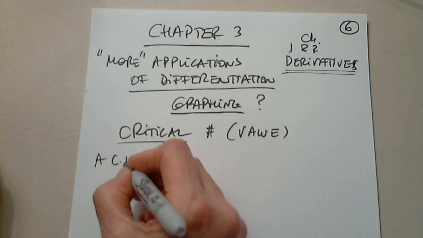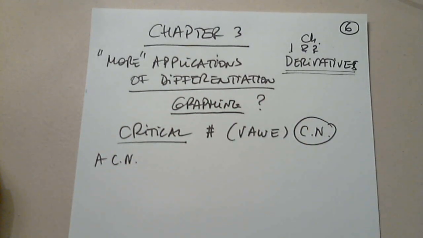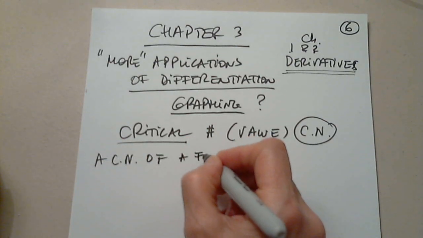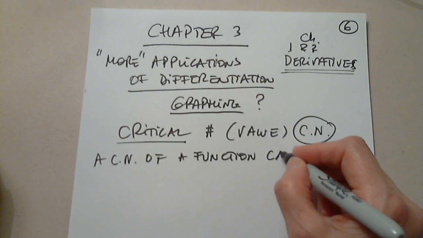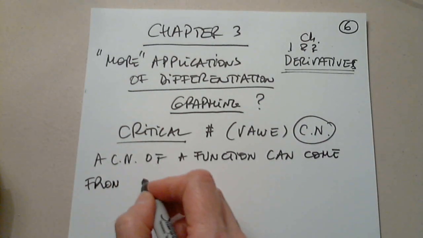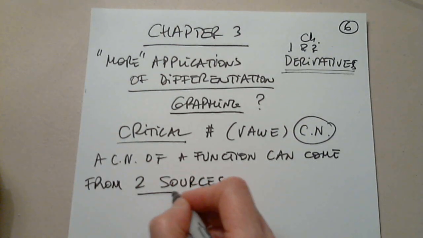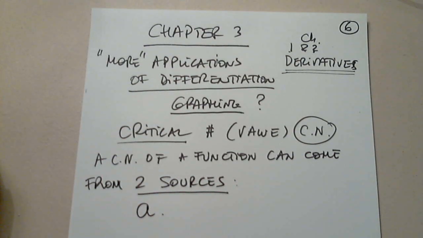A critical number, which I'm going to abbreviate as CN, of a function can come from two sources. Source number 1 and source number 2.